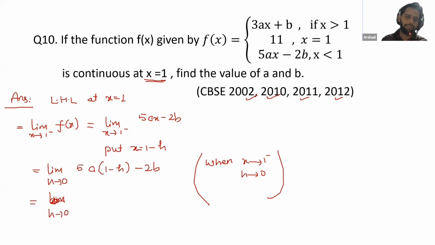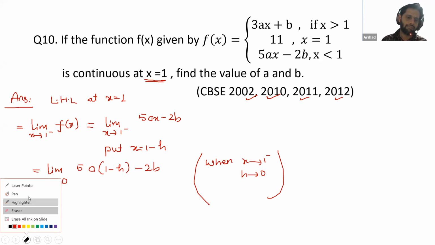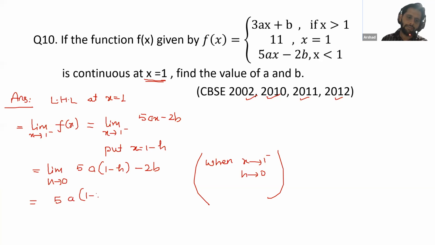Or it is better if you put this limit. So 5a(1 minus 0) minus 2b. This is equal to 5a minus 2b. So we get this LHL. Now in the same way, please find RHL.